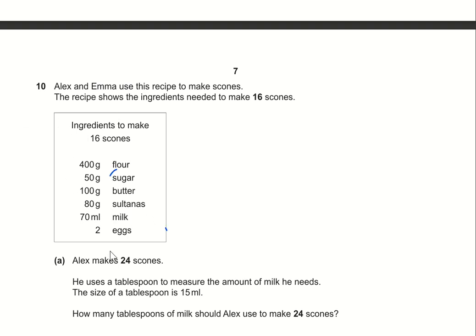I'm going to write here. For 16, the recipe wants milk 70. For the 24, I'm going to find out. I can see 16 and 24 are in the 4 times table. So I'm going to find out for the 4 how much I need.